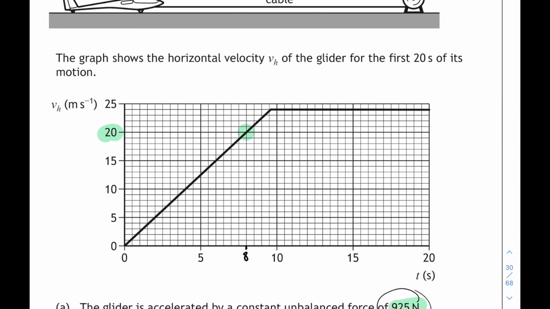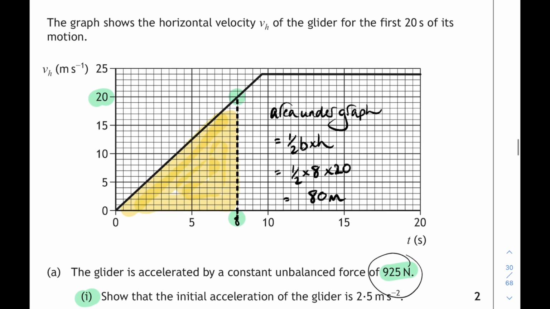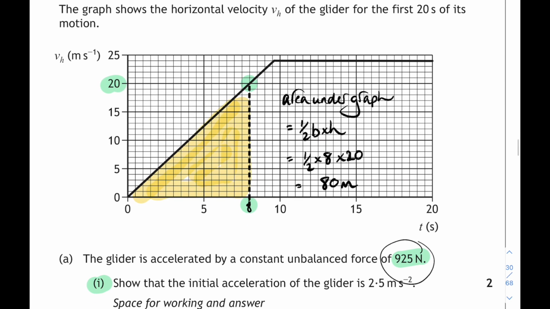So let's use that information and work out the area under the graph up to that point. So it's that area there we're interested in. Remember, the area of a triangle is a half the base times the height. In this case, that's a half times 8 times 20, which is 80, and therefore the distance gone is 80 metres.